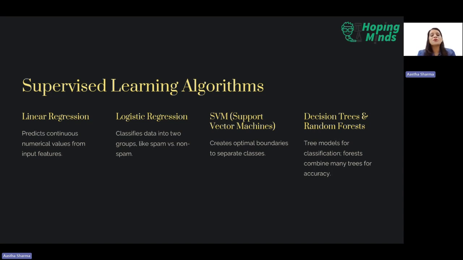Now let's move towards decision trees. Decision trees are basically the most important and most used ones. They can be used for both classification as well as regression. It makes decisions based on a tree of yes and no questions, and it splits the data into different branches using conditions.